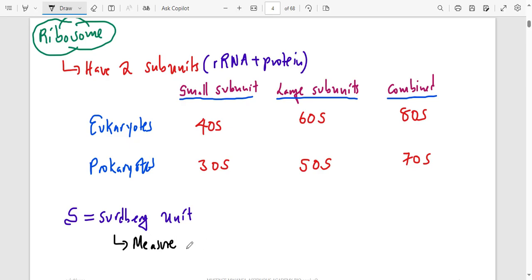How much is that thing going to settle at the bottom? That's what we call sedimentation. So this measures the rate at which a particle sediments. This is the first thing that I want you to understand.